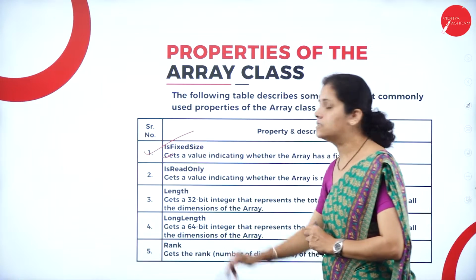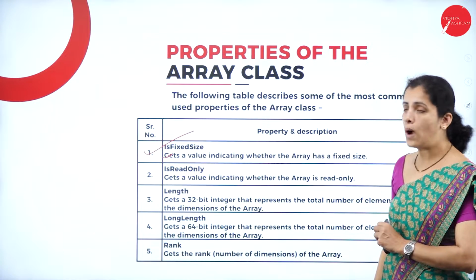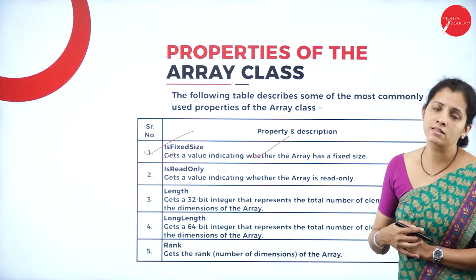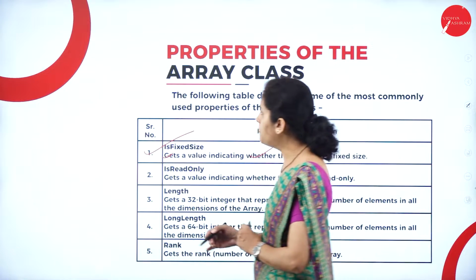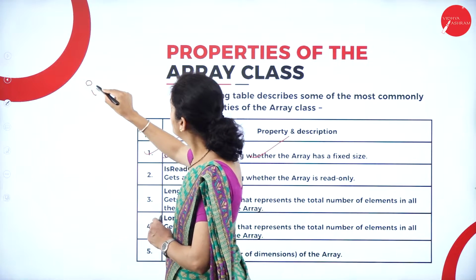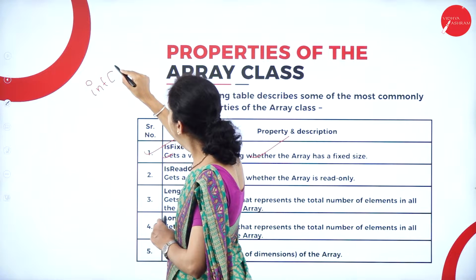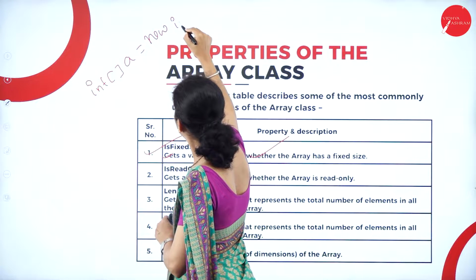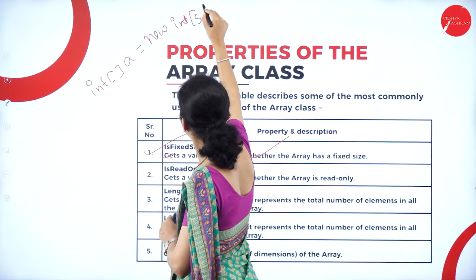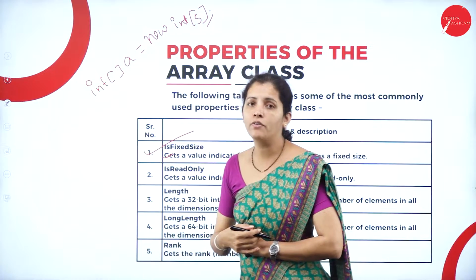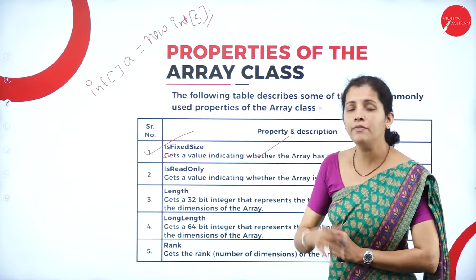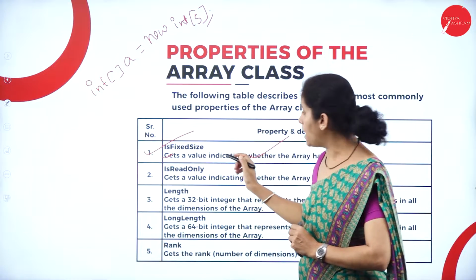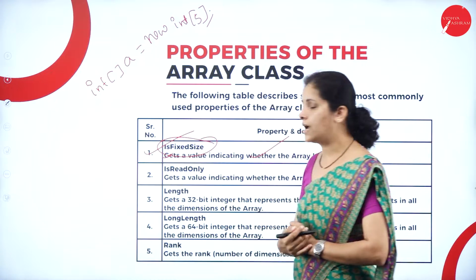It returns or gets a value indicating whether the array has a fixed size or not. For example, if I write int a equal to new int of 5, what's the fixed size of this array? It is nothing but 5. So to get the size of the array, I'm going to use IsFixedSize.